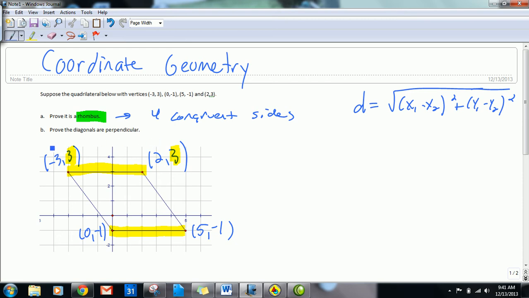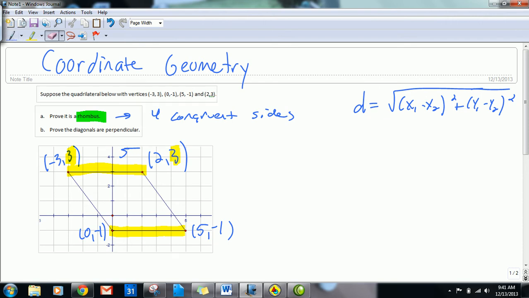There's no difference in the y's. If I ask how far it is along a horizontal line from -3 to 2, since they have the same y value, it's just 5. You can just count: 1, 2, 3, 4, 5. So that length is 5. And if you want to use the distance formula, great, you get the same thing if you do it correctly.